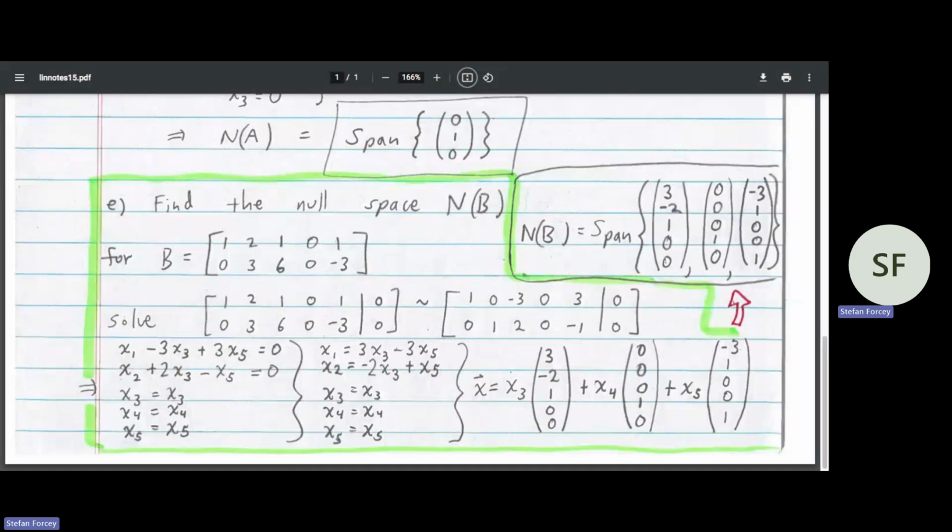And x5 has all those coefficients: -3, 1, 0, 0, and 1. So now that I've done that, I can write the final answer not as a linear combination, but instead as a span. The null space of B is equal to the span of those three vectors: 3, -2, 1, 0, 0, and 0, 0, 0, 1, 0, and -3, 1, 0, 0, 1.